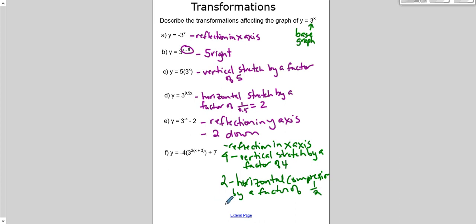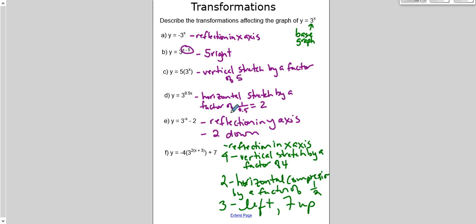Then we have that plus 3 that's in the brackets, which means it's minus 3 when it comes out, so it's 3 to the left. And then lastly, we have that 7 at the end, positive 7, so 7 up. So lots of transformations that are happening there. 1, 2, 3, 4, 5 transformations.